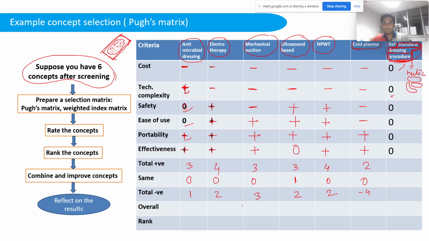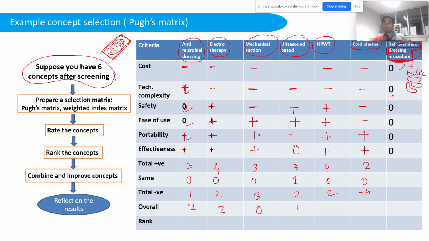So overall, you now have to subtract negative from positive. So it is 3 minus 1, 2, this is 2, this is 0. If it is same, you don't need to consider it, because same means it's already there in the standard. So you just consider the positive and negative only.